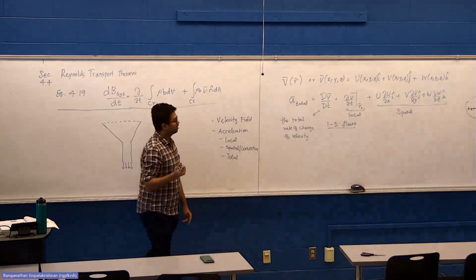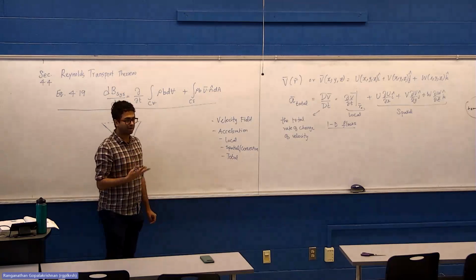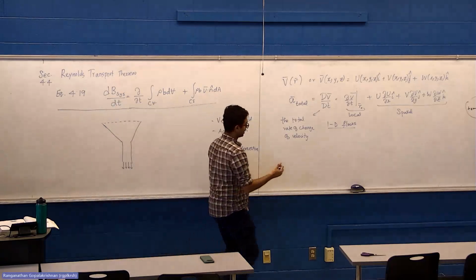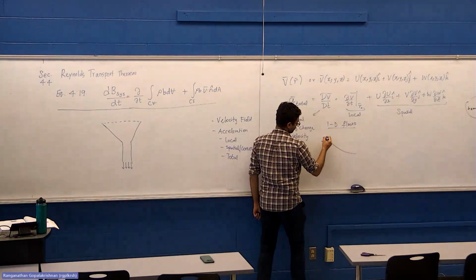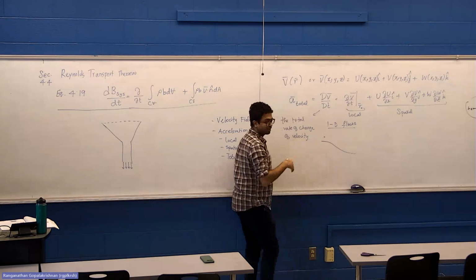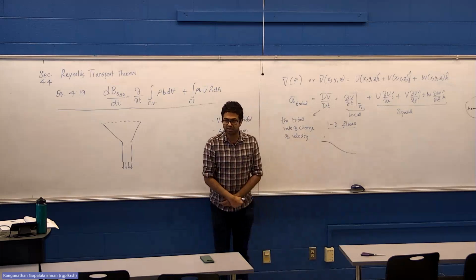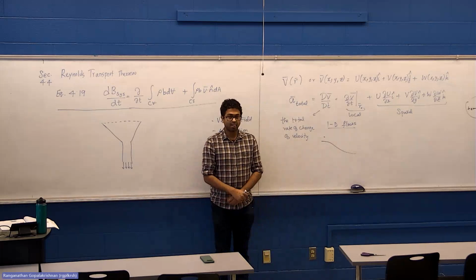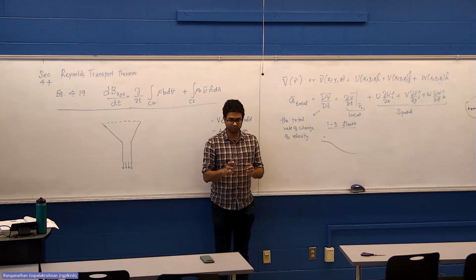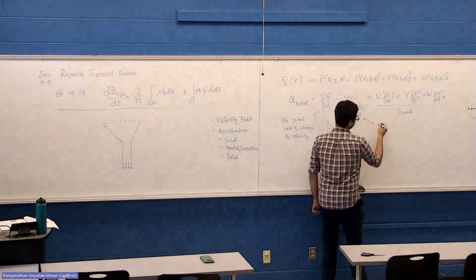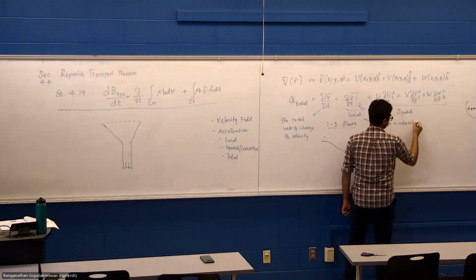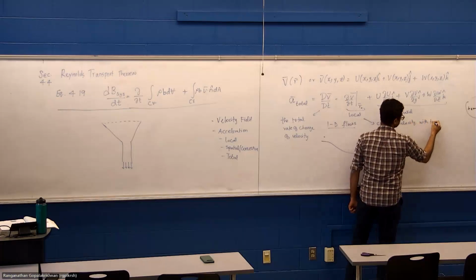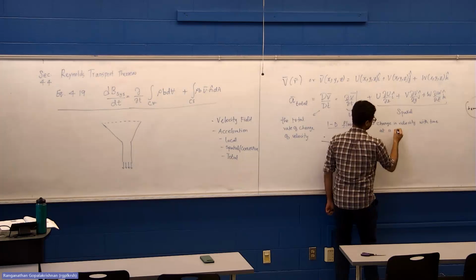Now, can anyone tell me, when you say local acceleration, what are we referring to? Like, to remind you of a river example, I just stand here at a fixed point and I just monitor the velocity at that point. What is the local acceleration in simple words? It's the change in velocity with respect to time at a fixed position, right?